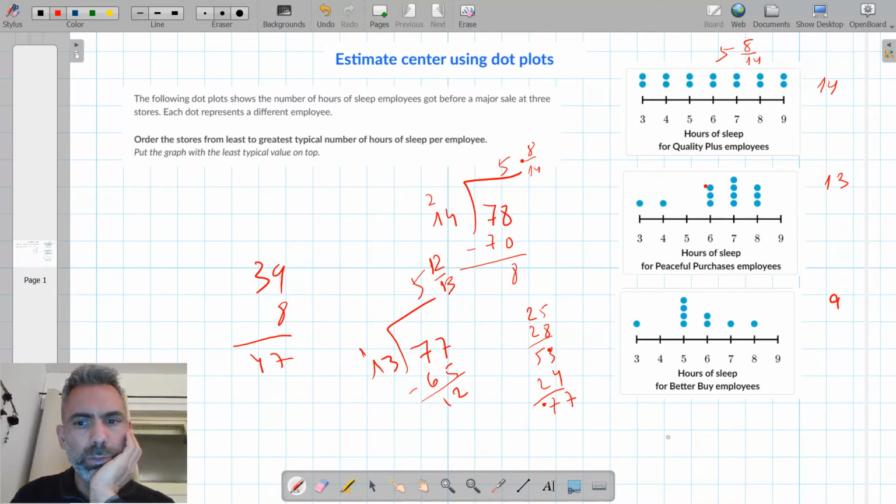So 47 divided by 9. 5 times 9 is 45, remainder 2.